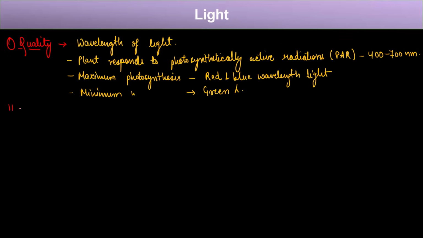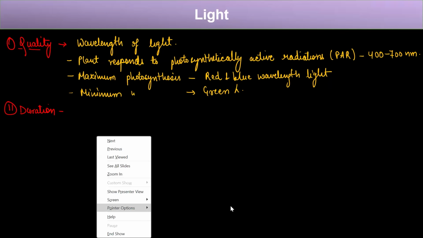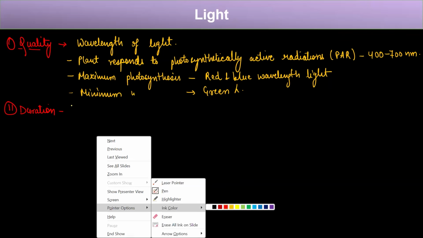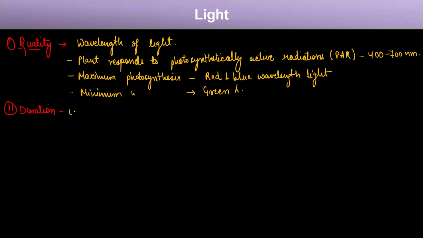Now the second parameter of light is duration. In a day, how much light a plant is receiving. So duration is the amount of light, or quantity of light, received by the plant in a day.